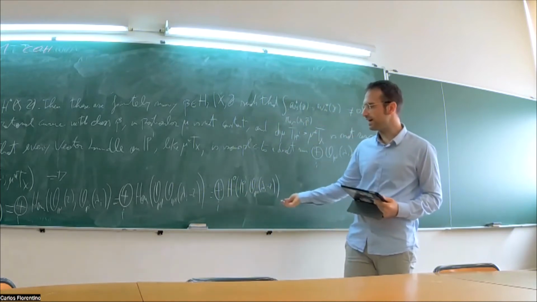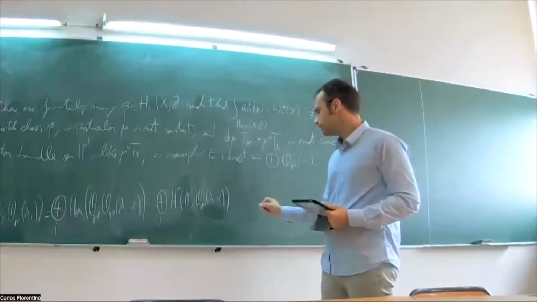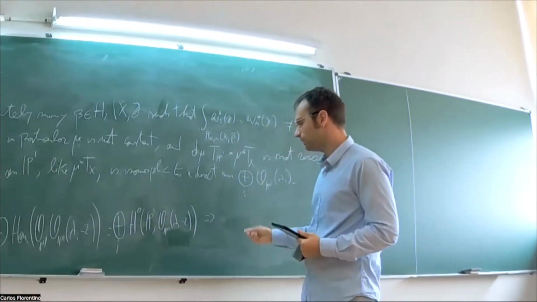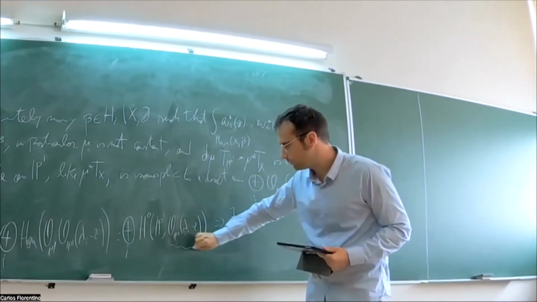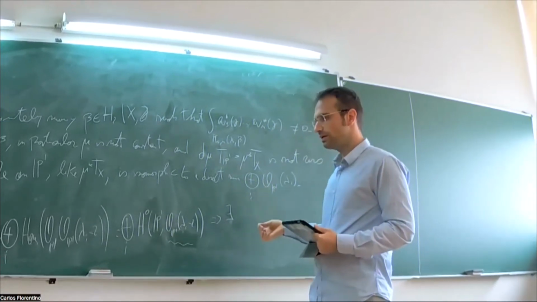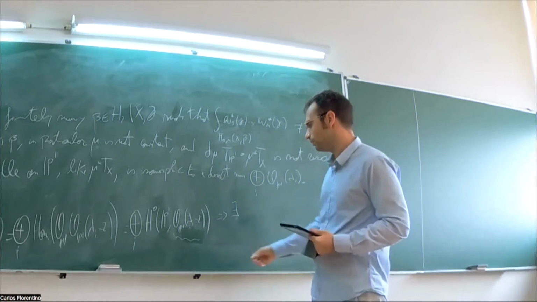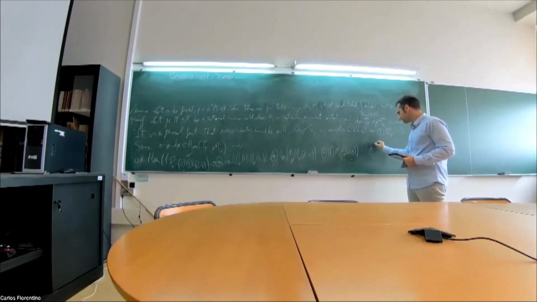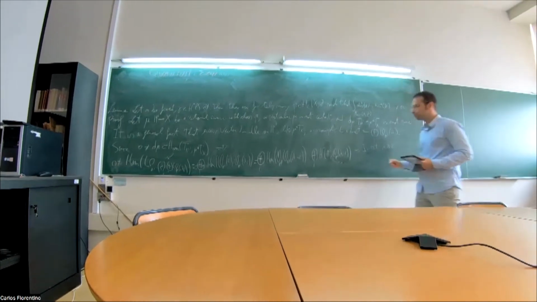So this direct sum is different from 0, and this happens if and only if at least one of these shifts is not of negative degree. So there exists i such that lambda_i is at least 2.